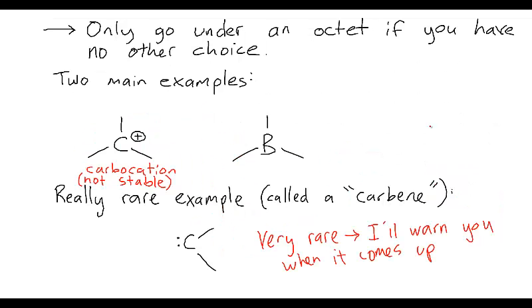And only go under the octet if you absolutely have to, and it's really only ever going to be carbon or boron that does that. I guess aluminum, but we'll introduce that when it comes up. Aluminum's a lot like boron, so I guess I could change this to say 3 if I want to be complete.